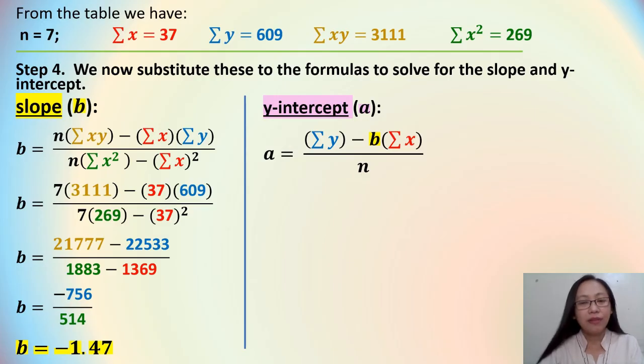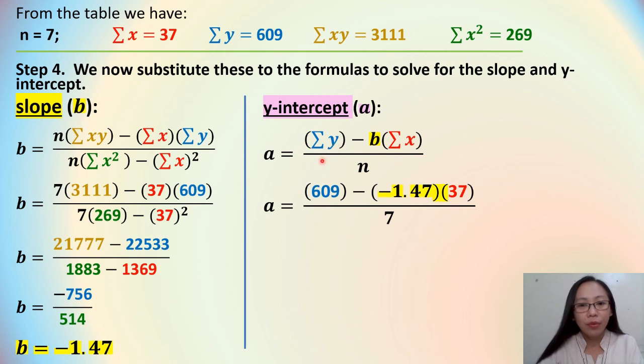So we substitute the values for this. We have summation of y, which is 609, minus b, which is negative 1.47, times the summation of x, which is 37, all over 7, the value of n.